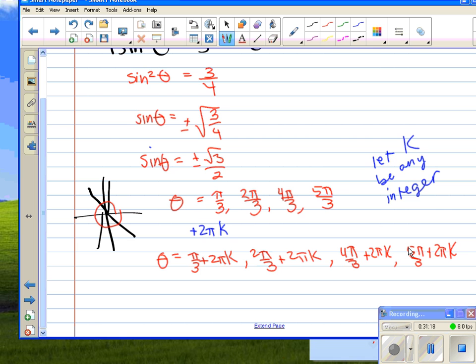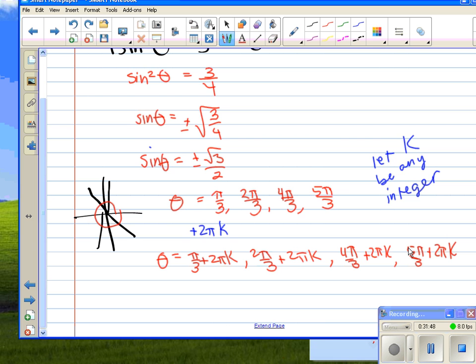Do you understand that concept? All we're doing is taking the solutions and adding the period to it. So if I add to pi over 3, this allows me to say, when you add 1 revolution of the circle to it, I'll be back at pi over 3. Or if I add 2 revolutions or 3 revolutions, you can even go backwards, add a negative revolution, -2. It works for any integer k.